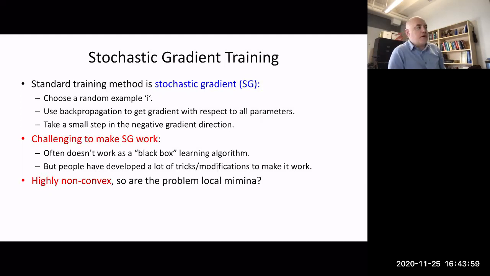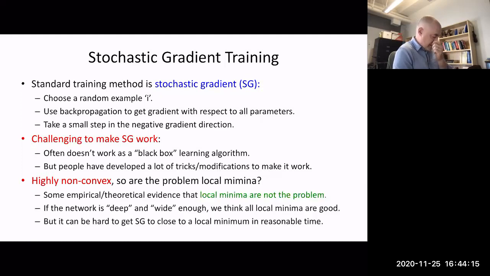One thing that people thought a long time ago is that training deep neural networks might be hurt by the presence of lots and lots of local minima, and maybe you don't actually do well because your loss surface is super ridiculously non-convex and you've got all these local minima. Over the last couple of years there's some theoretical evidence that's starting to explain empirical findings that local minima are probably not the problem, actually.